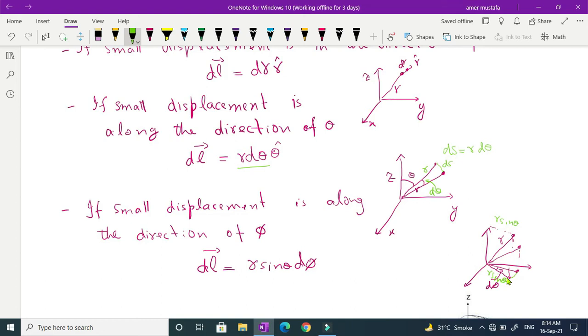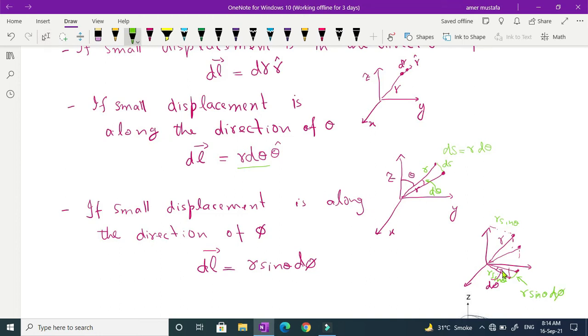This will be the length of this arc, represented by this green line. Using the formula s is equal to r theta, in this case r is equal to r sine theta and the angle is d phi, so the infinitesimal displacement will be equal to r sine theta d phi.